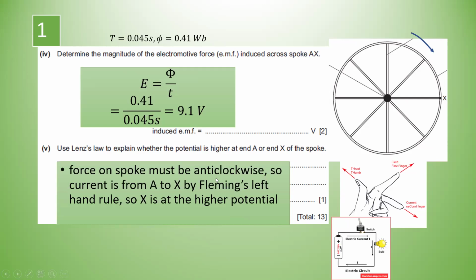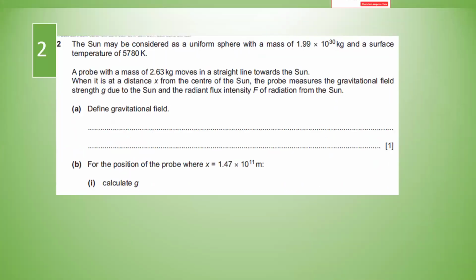Force on the spoke must be anti-clockwise, so the current is from A to X. From Fleming's left-hand rule, X is at a higher potential, because it's inside a battery. Okay, happy with that? Any comment? Okay, let's go to number 2 then.